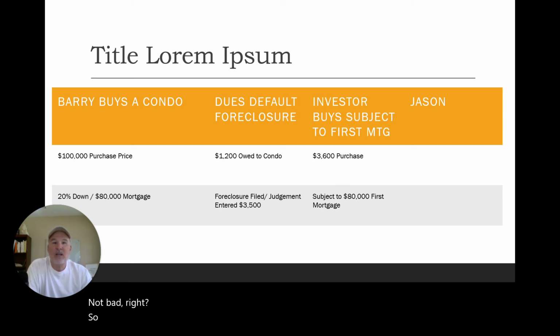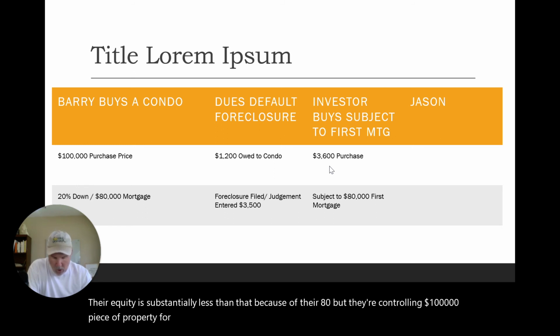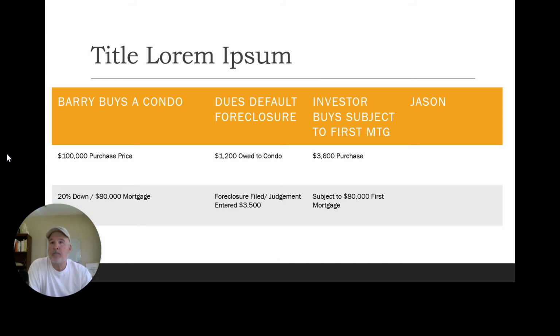So they're in this thing for $3,600, but it's worth $100,000. Their equity is substantially less than that because of the $80,000, but they're controlling a $100,000 piece of property for $3,600. And frankly, that's not too bad. You're setting yourself up for some success.